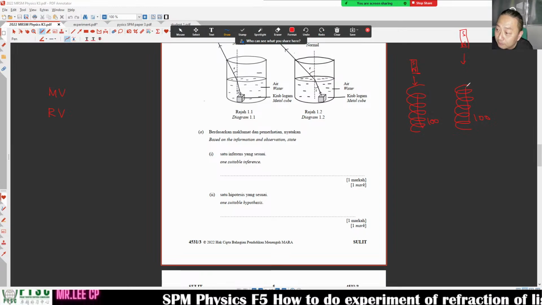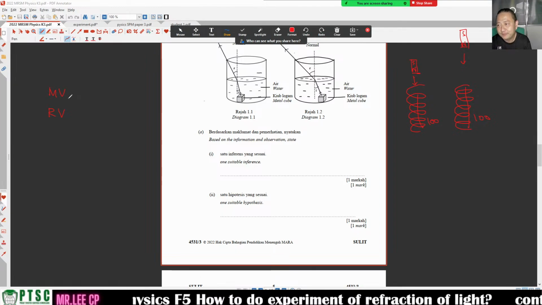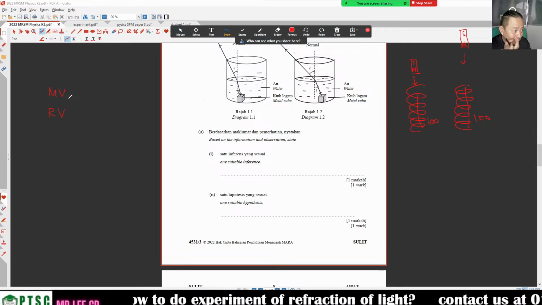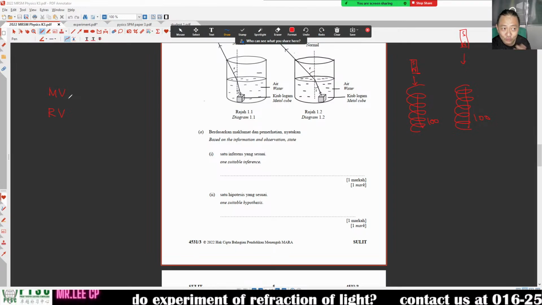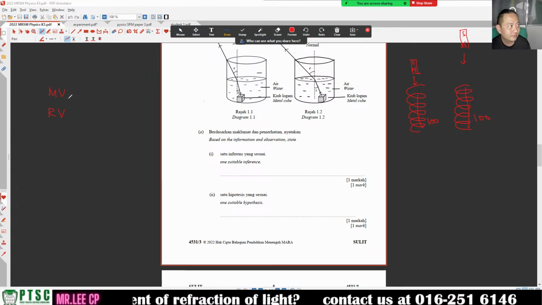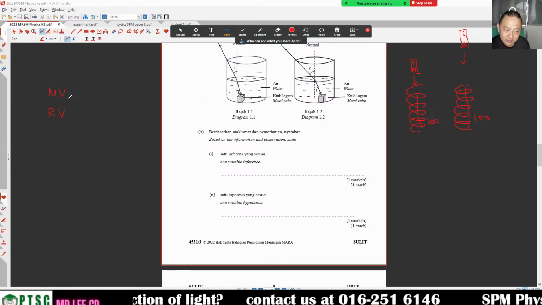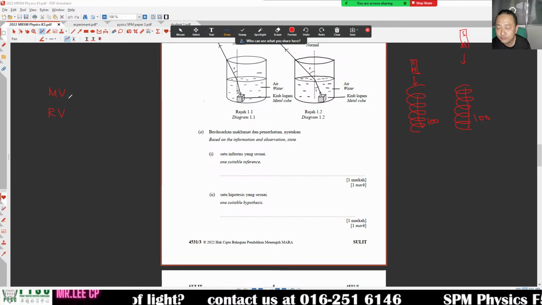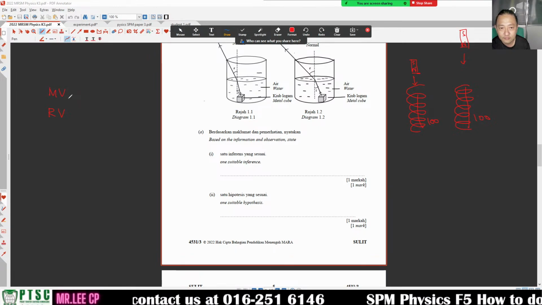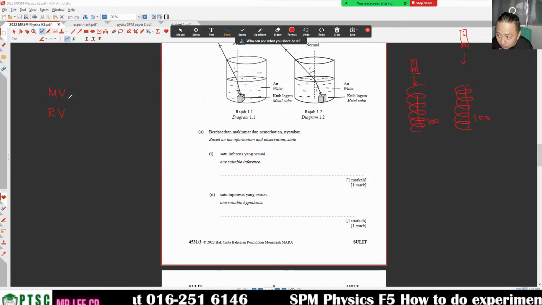Boop, boop. Okay. What is the manipulated variable here? Answer me. I'm answering your question. Later I'll go to the last part on how to analyze the data if you don't know how. What is the manipulated variable here? $100.